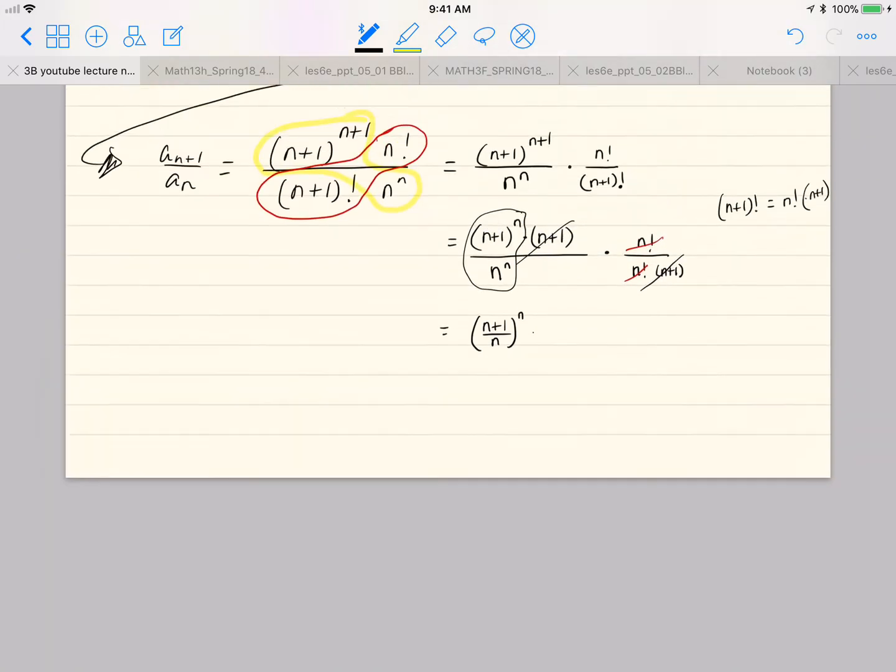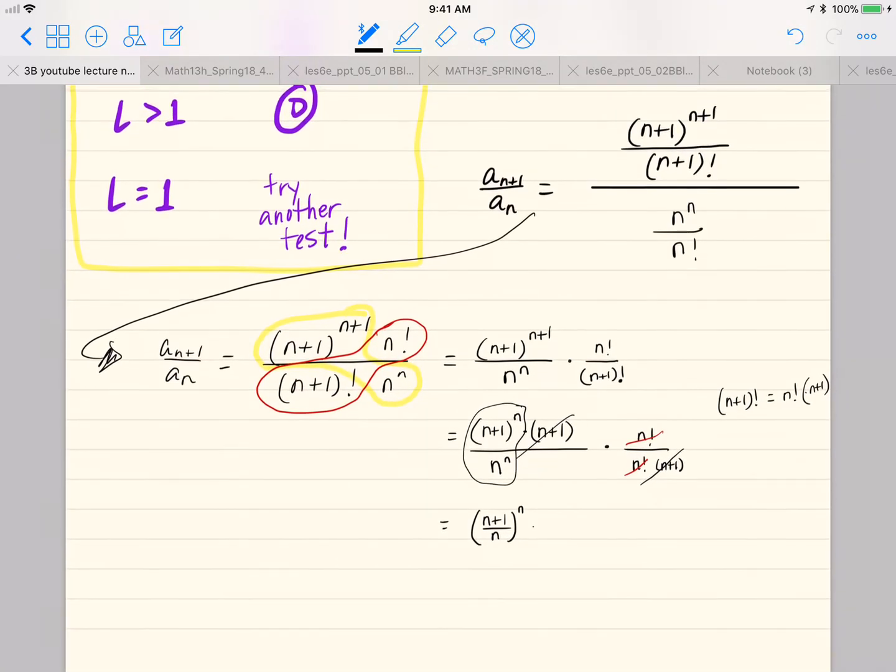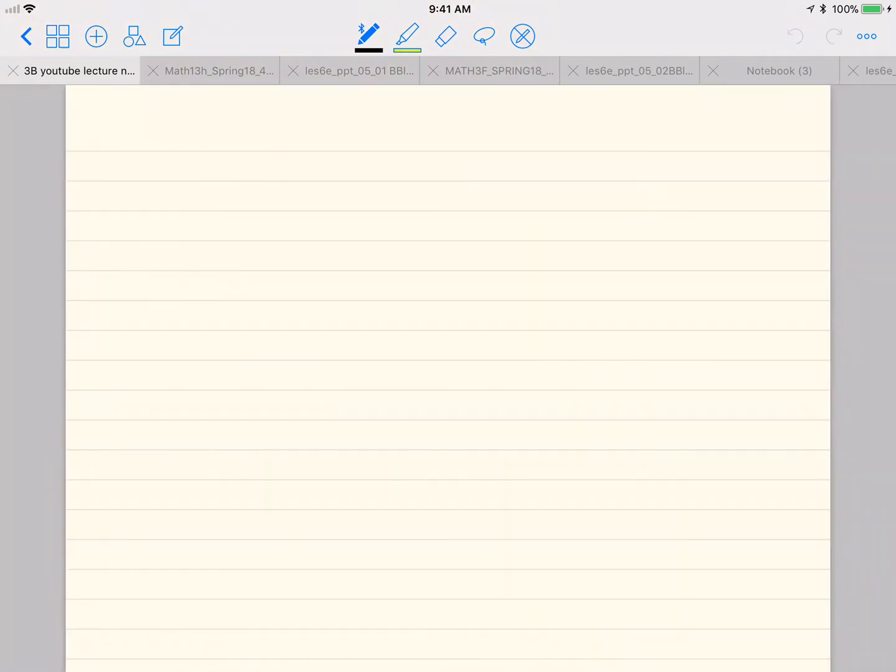So what have we done so far? We figured out that a sub n plus 1 over a sub n is equal to n plus 1 over n to the power of n. Now I need L, which is the limit as n goes to infinity of the absolute value of a sub n plus 1 over a sub n.